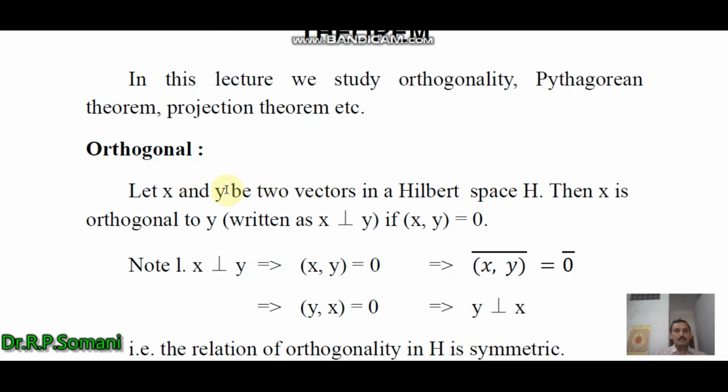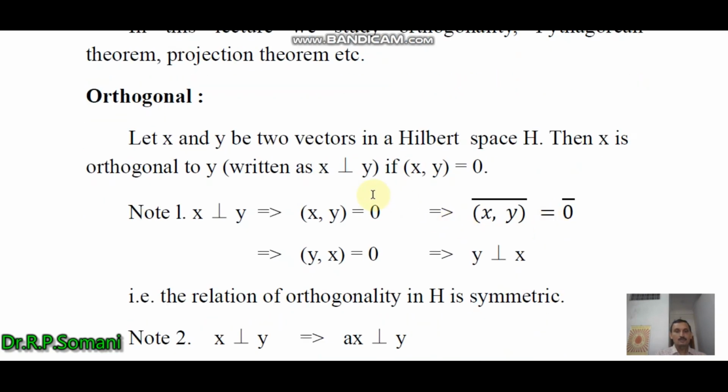Let x and y be two vectors in a Hilbert space H. Then x is said to be orthogonal to y, written x ⊥ y, if the inner product <x, y> equals 0.